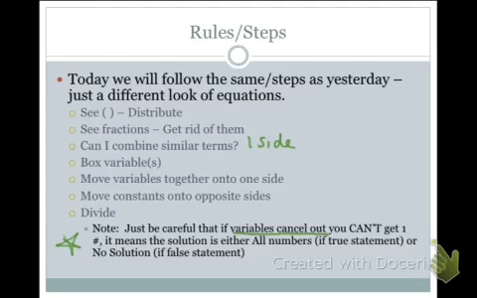It means that you can't, first of all, get to one concrete number. So your solution is either all real numbers, if you get something that's true, like 3 equals 3, or it's no solution if you get something that's false, like 3 equals 5. You're going to see some of those examples in class tomorrow, and we will try to put one up in the check-in as well.